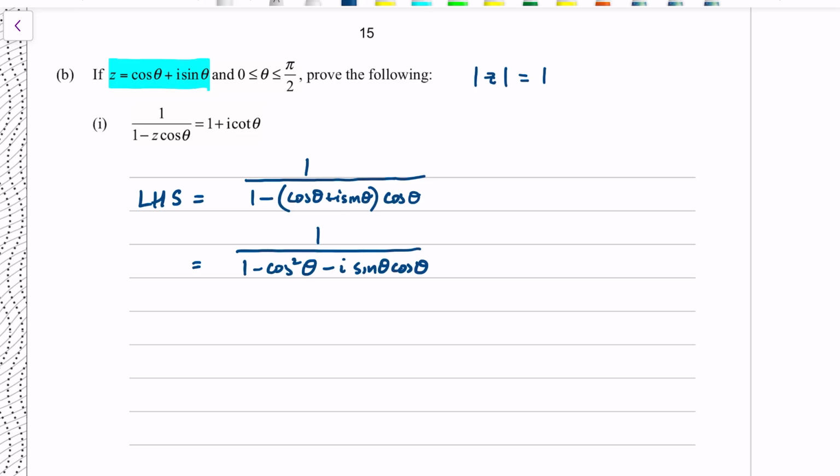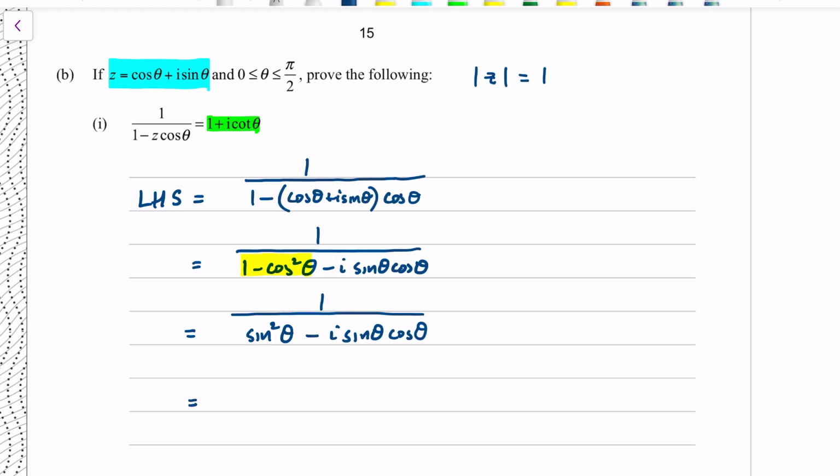And then you might spot that this trig identity appears quite often in questions. 1 minus cosine squared is the same as sine squared. So we've got 1 over sine squared theta minus i times sine theta cos theta. Now, because we're simplifying this down to quite a simple expression on the right hand side, 1 plus i cotan, I'm going to try and simplify this a little bit more.